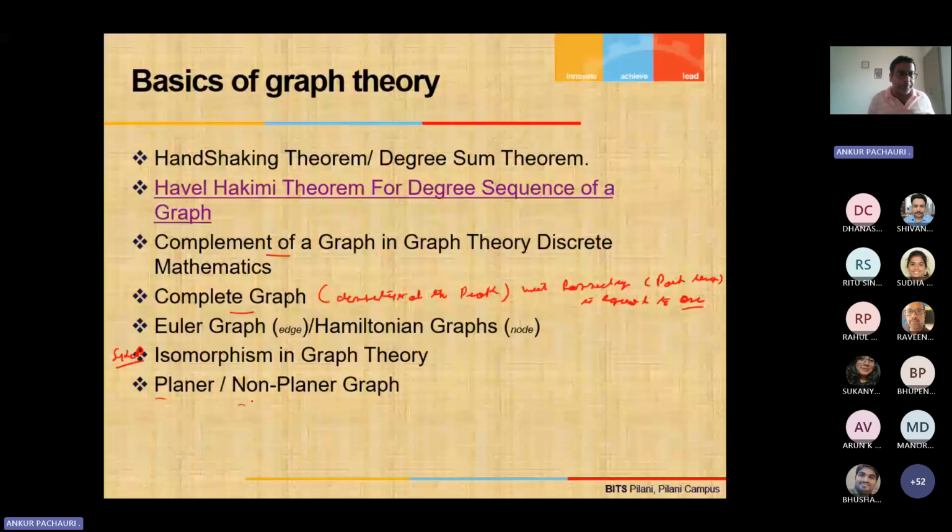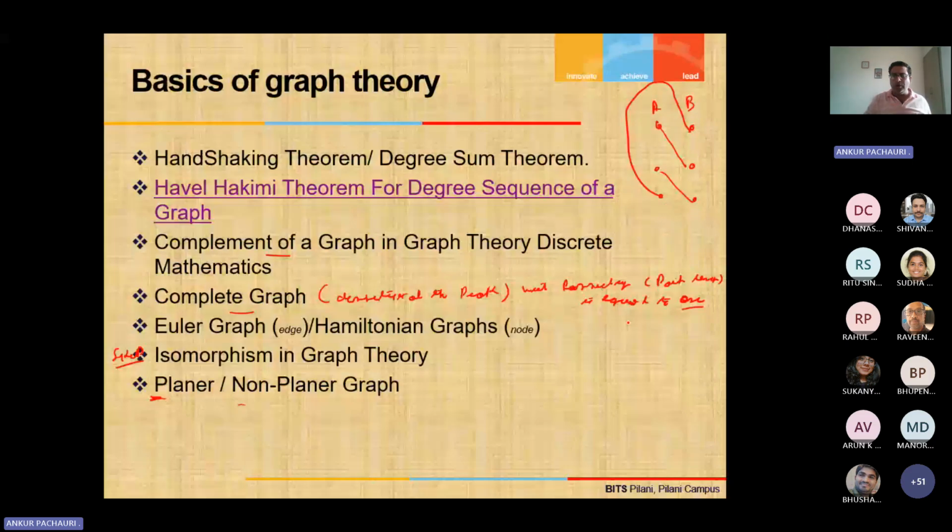I'll explain what a planar and non-planar graph is. A graph is said to be planar if I can draw the graph on a plain paper without crossing over of edges. Suppose, for example, you might have seen in your childhood that you are given two sets of points A and B, and you are asked to connect the nodes from one set to another such that there is no crossover.